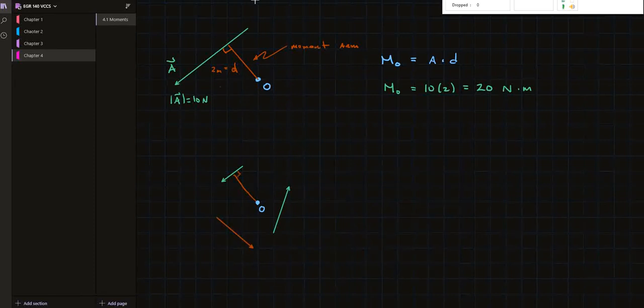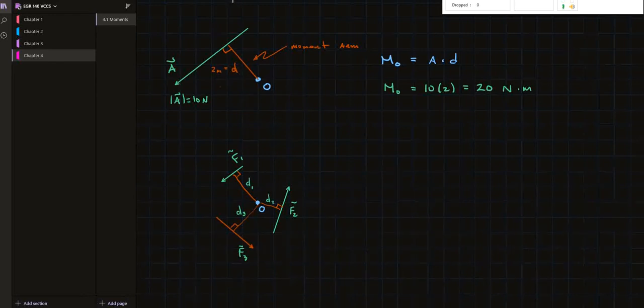So if this is force 1, this is force 2, say this is force 3, we could say this is distance 3 here, this would be the distance to 1, and this would be the distance to 2.